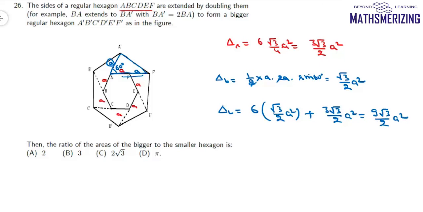Now we'll need to find the ratio of the areas of bigger to smaller hexagons. So this is 9 root 3 a square by 2, and here it is 3 root 3 a square by 2. If I cancel it, I'll get this value as 3. So it is a 3:1 ratio, which is option number B.